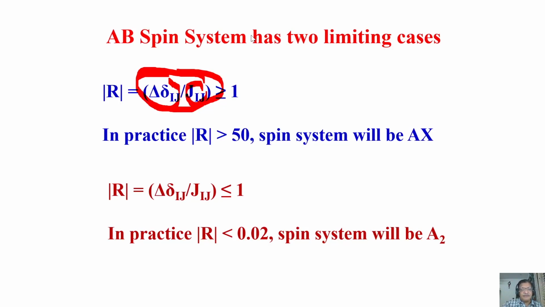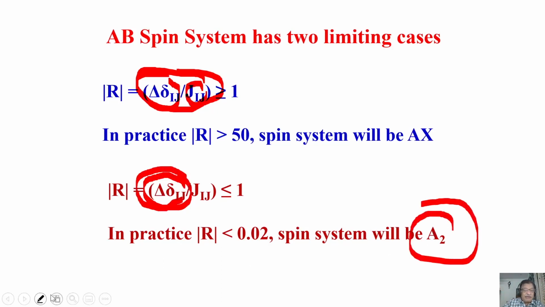That's one limiting case. Alternately, you can keep on reducing such that it is so small, and after some time make sure that delta nu is 0. There is no chemical shift difference at all. They're equivalent spins, they overlap. It's like an A2 spin system, like a CH2 group. Both are equivalent protons. There is no coupling between them seen. Then that is a situation where you are going to get an A2 spin system.